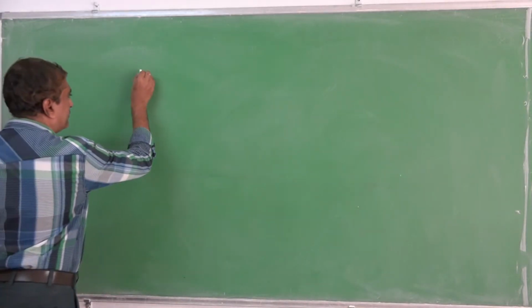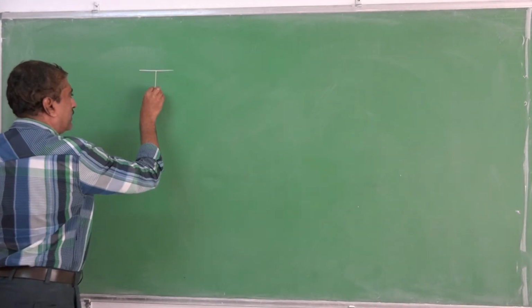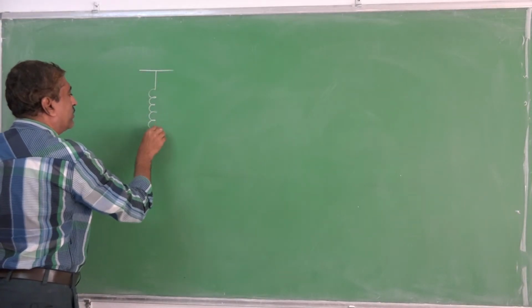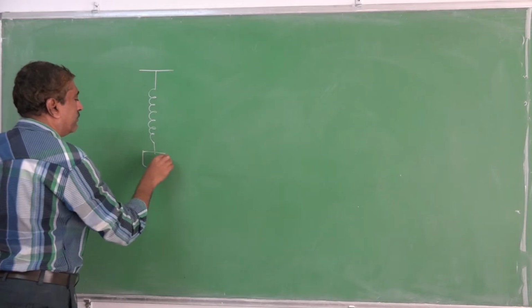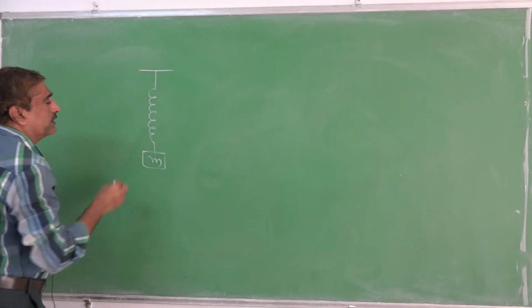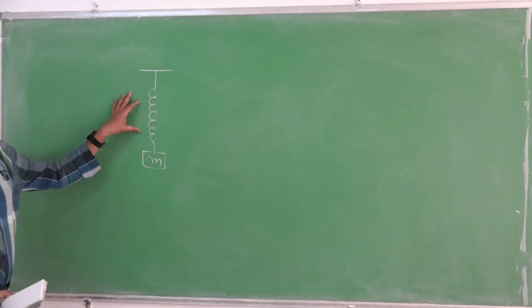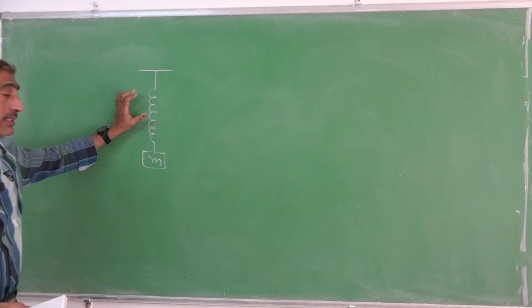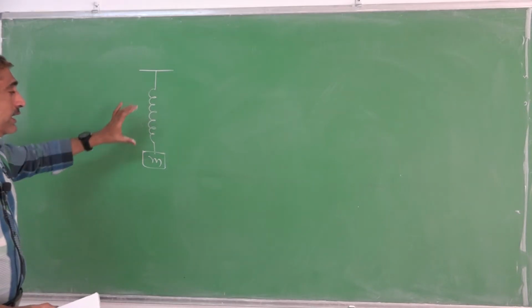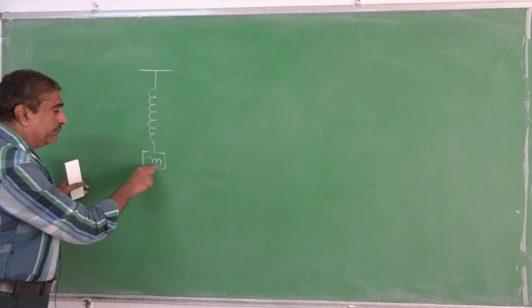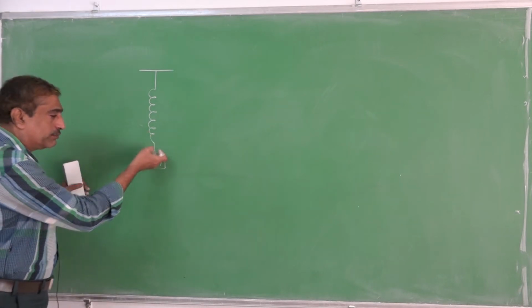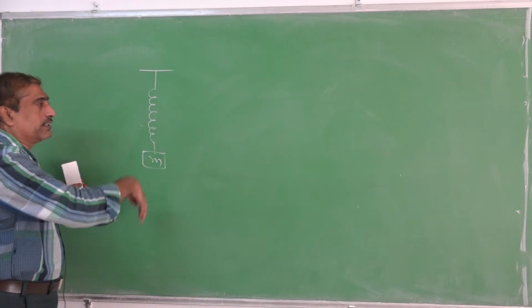Now, oscillations of a mass loaded spring. Suppose it is a spring of negligible mass, that means the mass of the spring is not considered. So, it is loaded by a mass m like this, pulled down and released, and it makes oscillations.